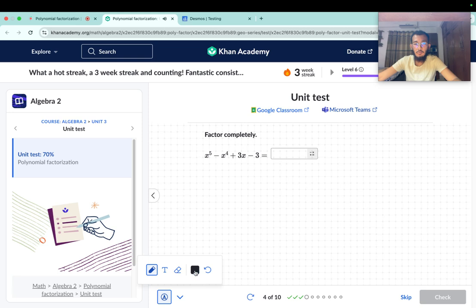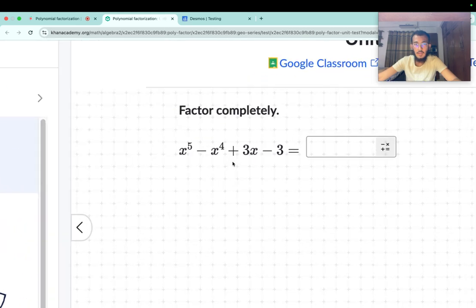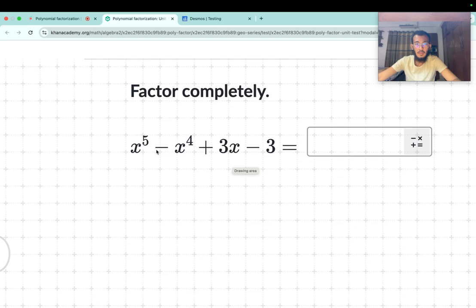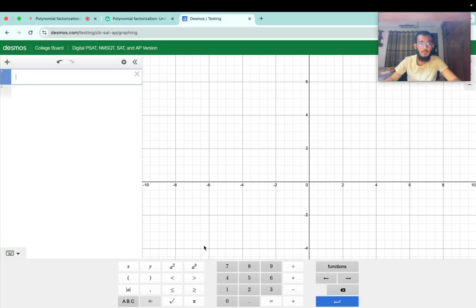All right, we have to factor this expression completely. Because it has x to the power 5, we want to plug this into Desmos.